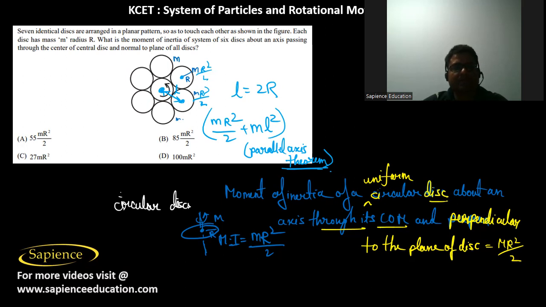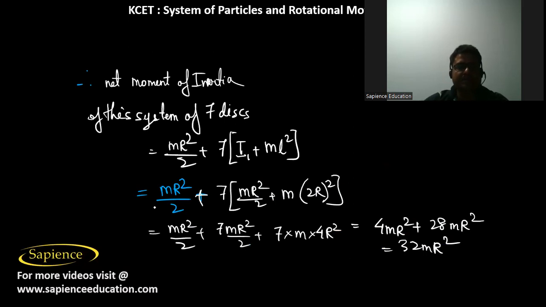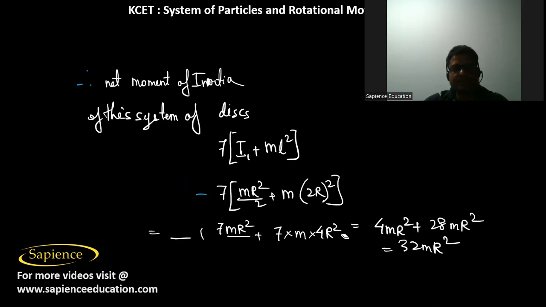So here we have to find the moment of inertia not of these 7 disks, but only of the 6 outer ones, the 6 disks only.